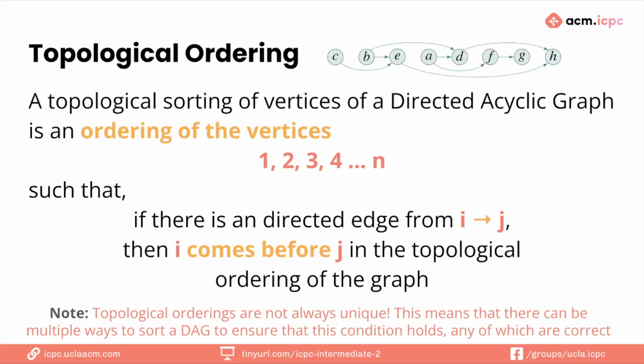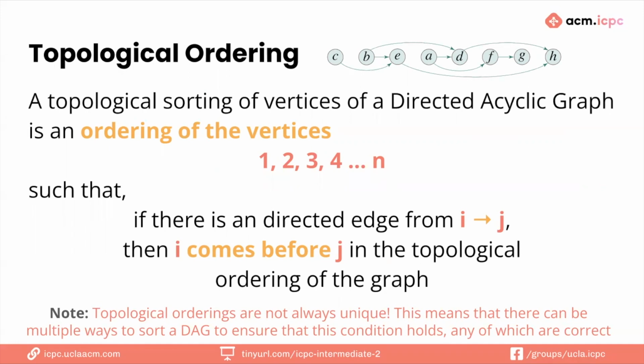So this is the definition of the ordering. A topological ordering of vertices of a directed acyclic graph is such an ordering where, if there is a directed edge from vertex I to vertex J, then I should come before J in that ordering. Notice that here numbers 1, 2, 3 through n do not really mean any kind of precedence or ordering. These are merely to indicate the vertices.